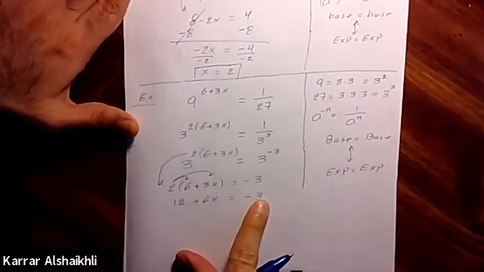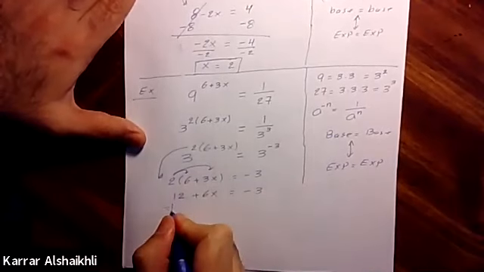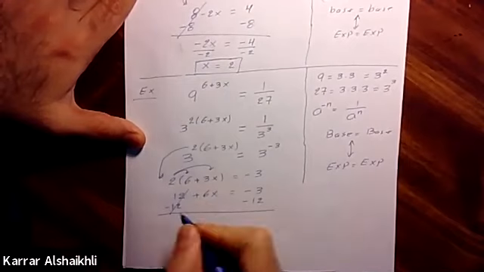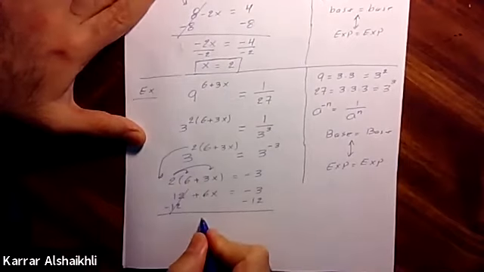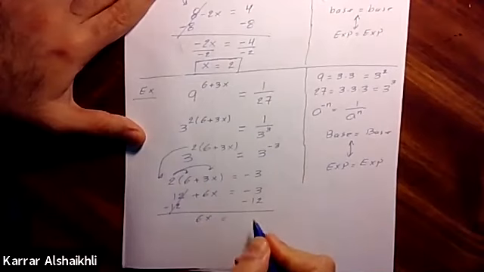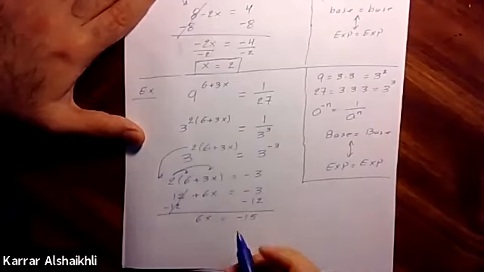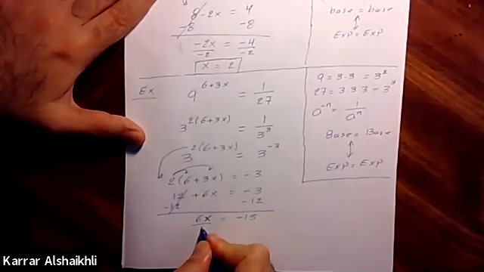Move the 12 to the other side. So I'm going to say minus 12, minus 12. Cancel these. So the leftover from the left side, 6x equals negative 15. Then the next step, we're going to divide both sides by 6.